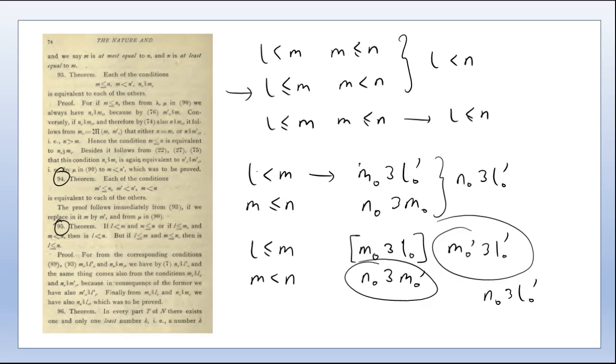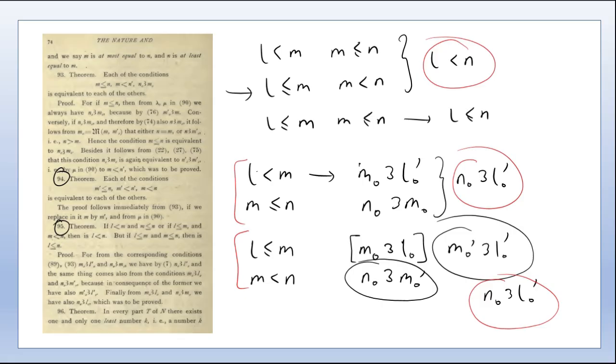So both of these, which arise from the two different cases that we've just looked at, correspond to L is less than N by theorem 90.